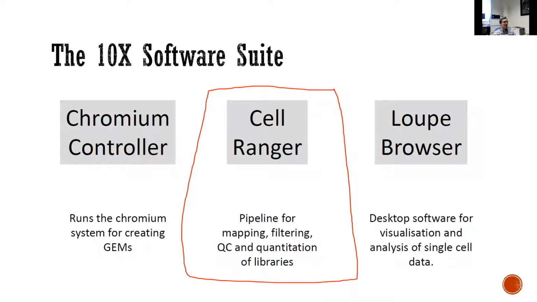They also provide software support for the controller itself and also a post-processing package, Loupe Browser. But they are not essential. We don't need to care about this, and we will be using this to do the mapping and to get the expression matrix out of it.